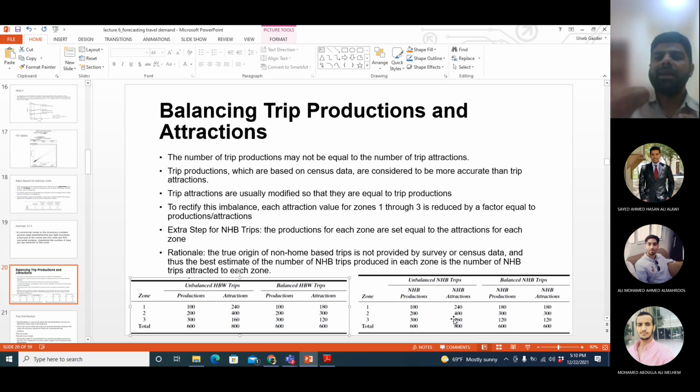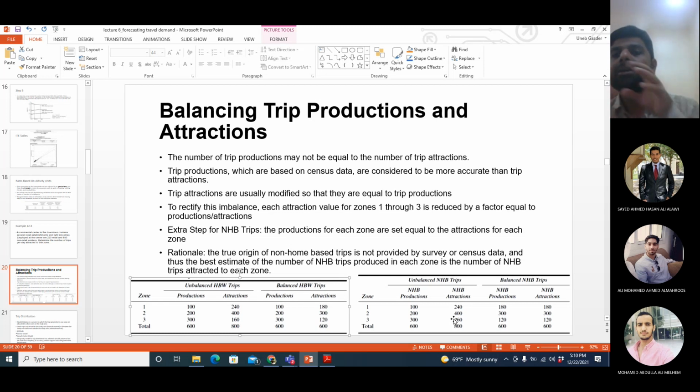You are using income characteristics and household characteristics to calculate trips produced. So non-home based trips are more accurately calculated using trip attractions, the activity rates. For home based trips, trips produced are more accurate because we are using the household characteristics.